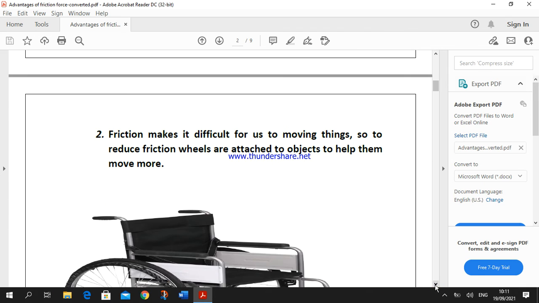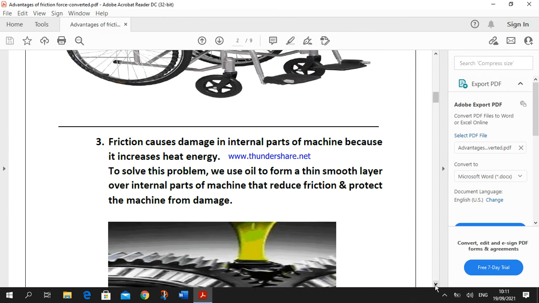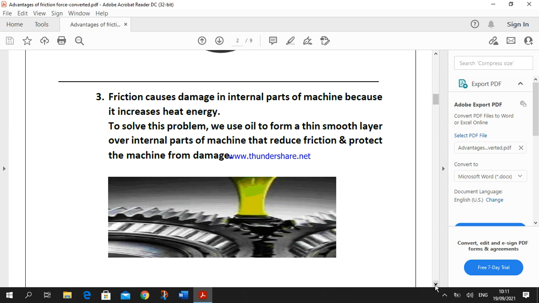Number two, friction makes it difficult for us to move things. So, to reduce the friction, wheels are attached to objects to help them move more easily. Number three, friction causes damage to the internal parts of a machine because it increases heat energy between the moving parts inside the machine.